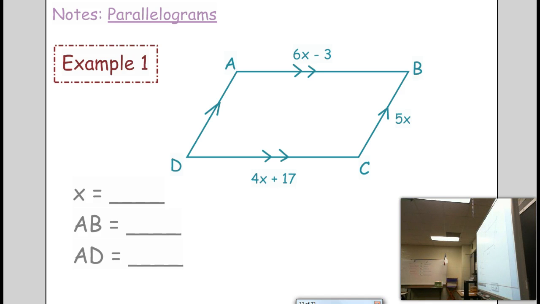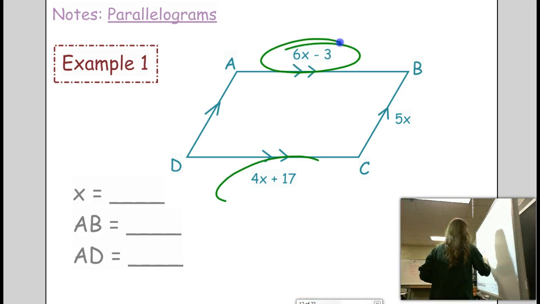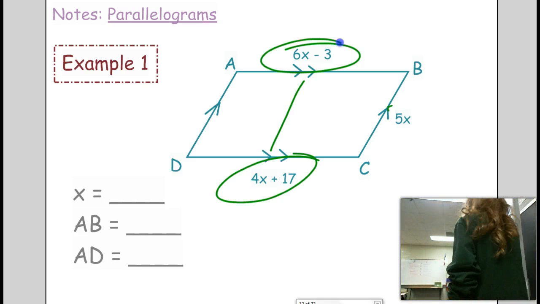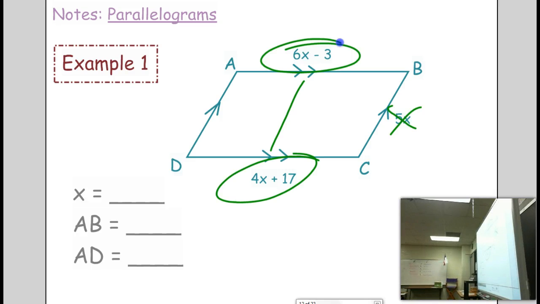5x is no good to me because opposite sides are congruent. This side is opposite that side. It is not involved. Come on, set them equal. 6x minus 3 equals 4x plus 17.